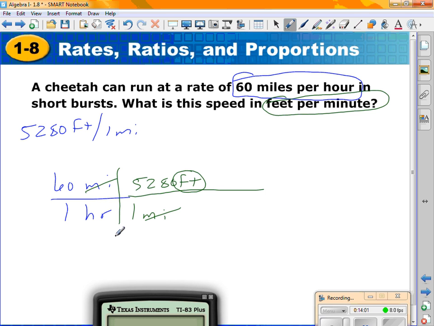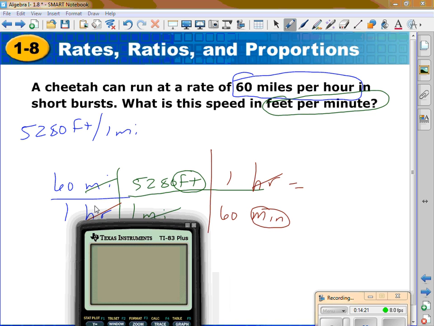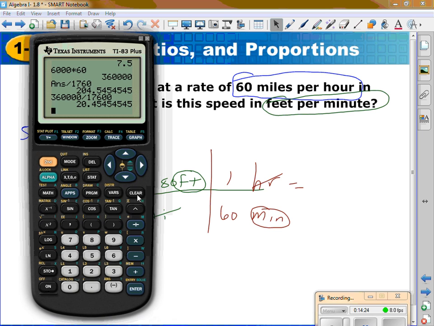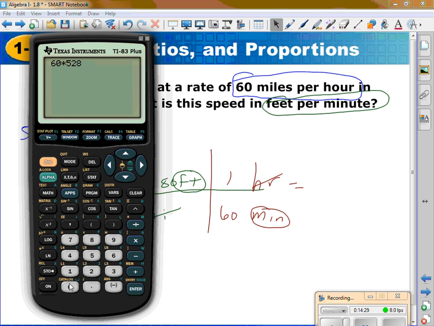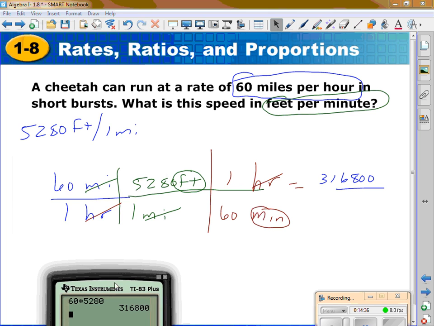Now I need to change from hours to minutes. So I'll put hour up here. Can I go from hours to minutes? Yes. Minutes here. 1 hour, 60 minutes. The hours cancel out. You're left with minutes. You have feet per minute. Now let's multiply straight across. Let's see if I can do this right this time. 60 times 5,280. 316,800.